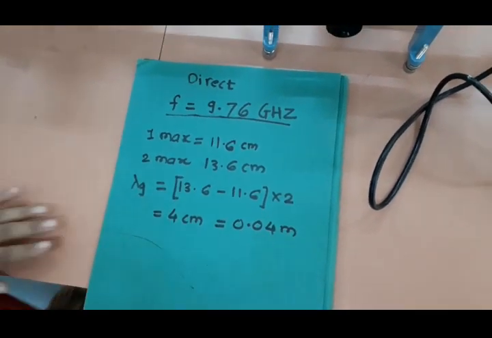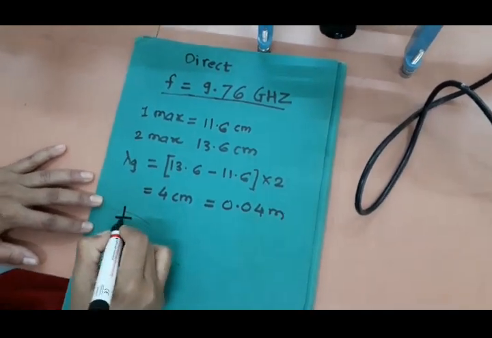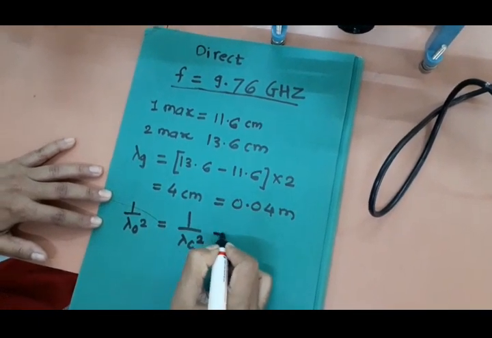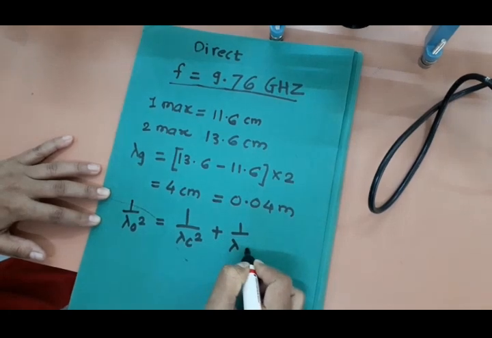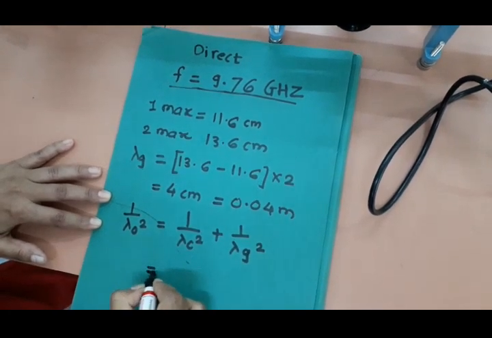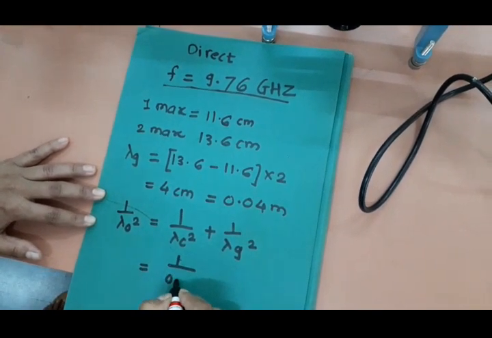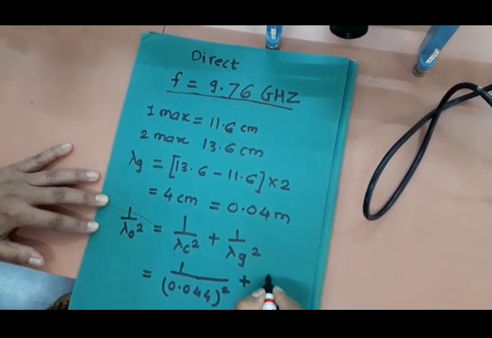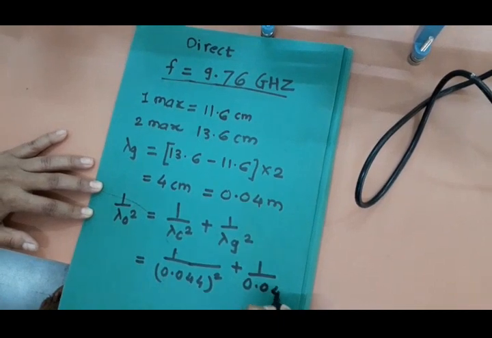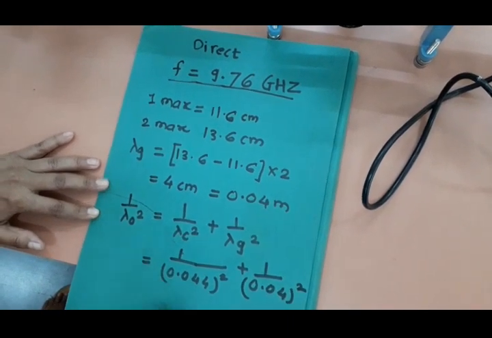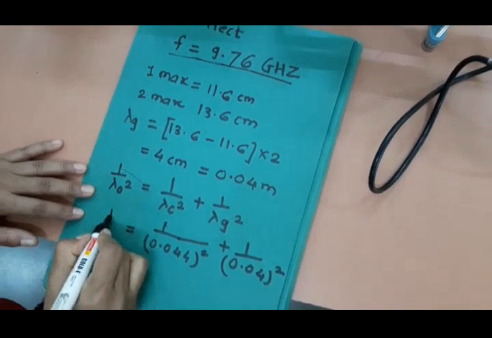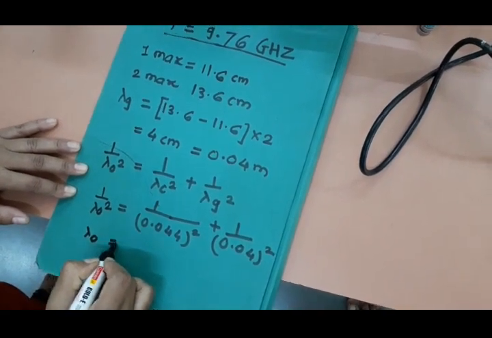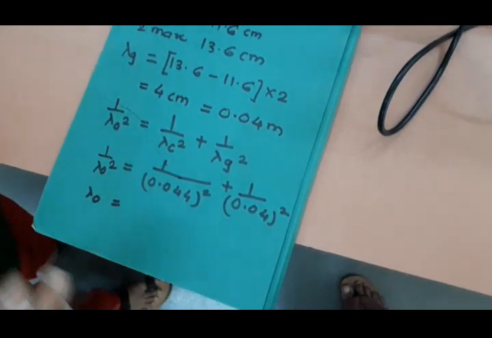Okay. So here again, 1 upon lambda 0 square is equal to 1 upon lambda c square plus 1 upon lambda g square. So we have lambda c as 0.044, square, plus 1 upon 0.04 square. So after calculation we'll find lambda 0.